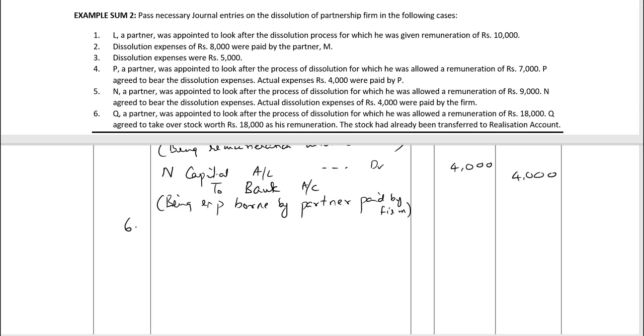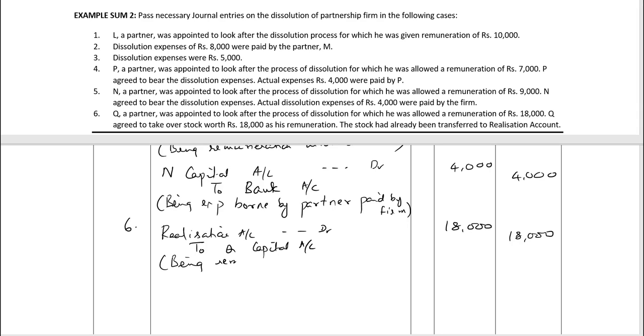So, for the rupees 18,000 remuneration given, the journal entry is realization account debit to Q capital account. Amount of remuneration given 18,000 rupees. Narration: being remuneration allowed to partner Q.